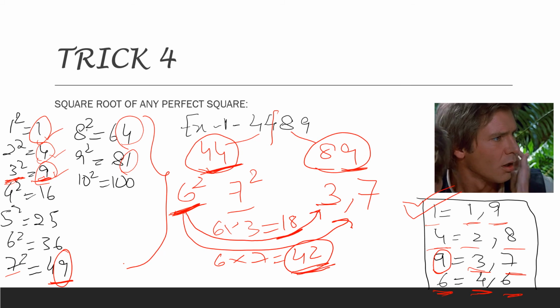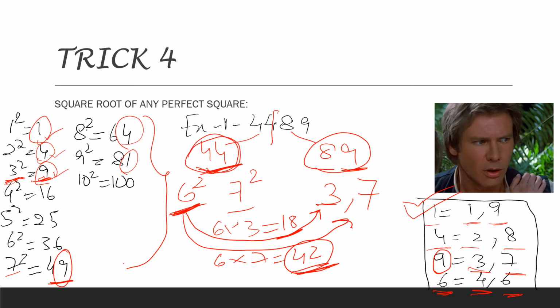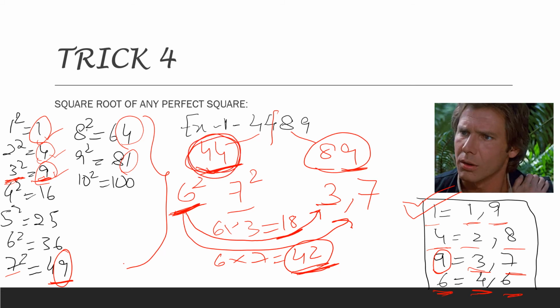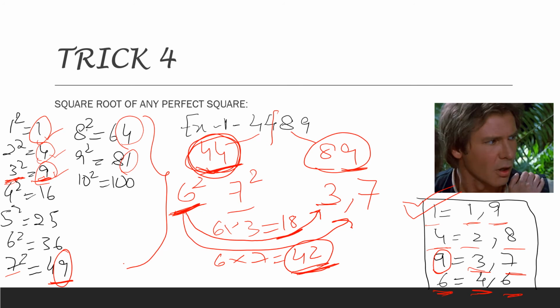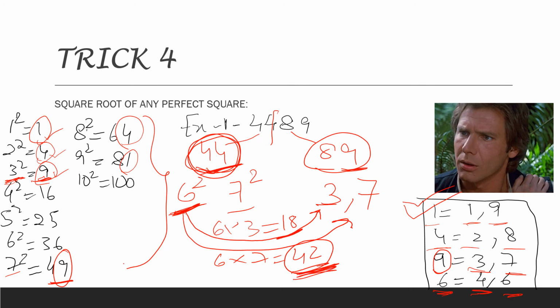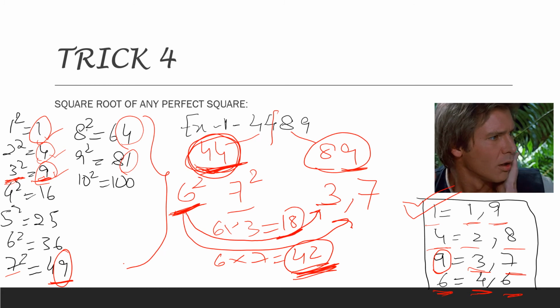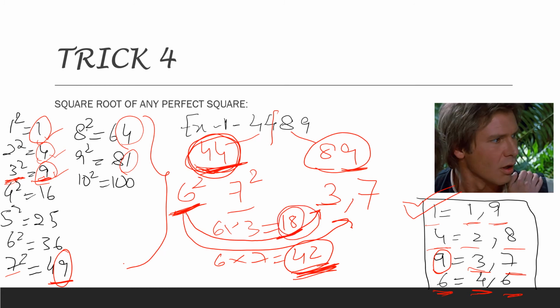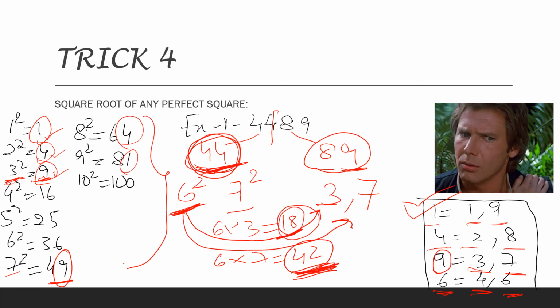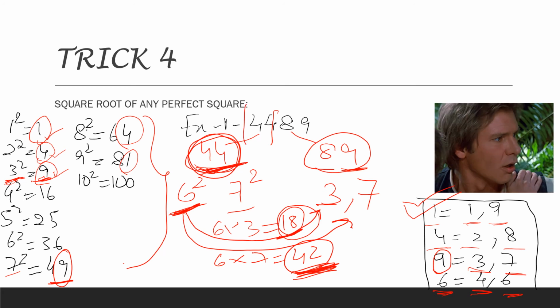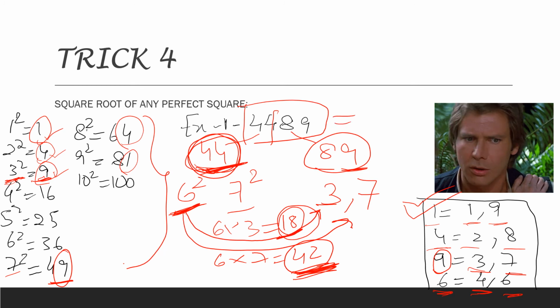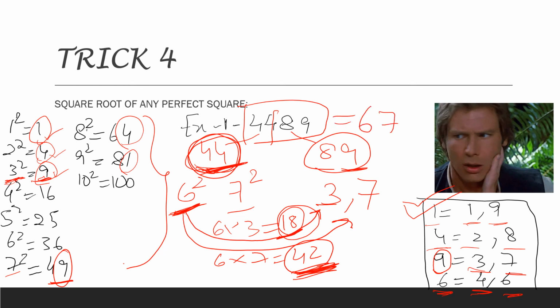This 42 must be smaller than this 44. Then only this trick will be used. Or else, if this number is bigger than 44, then you'll have to take the smaller number. In this case 42 is smaller than 44. So the square root of 4489 is 67.